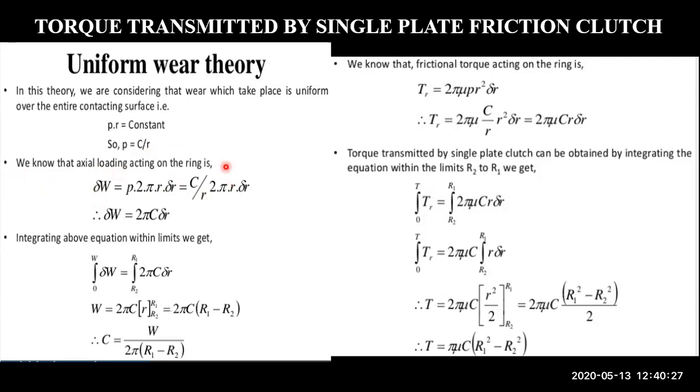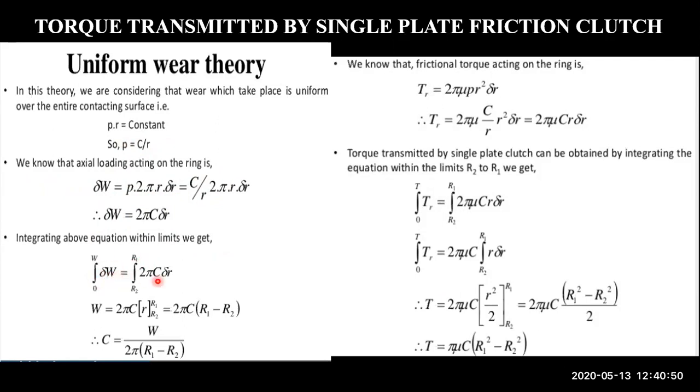We know the axial load on the ring, which we defined before, is this particular equation here. P you just replace by C by R. If you replace by C by R, you'll get, in terms of load, the small change in load for the elemental area. So we'll get that here, and integrate within the limits.